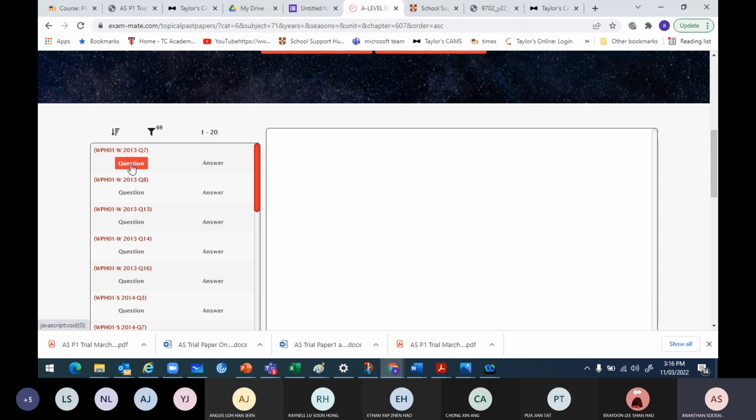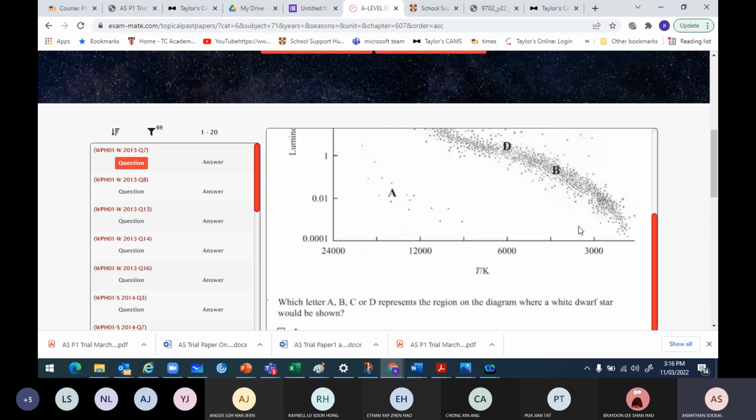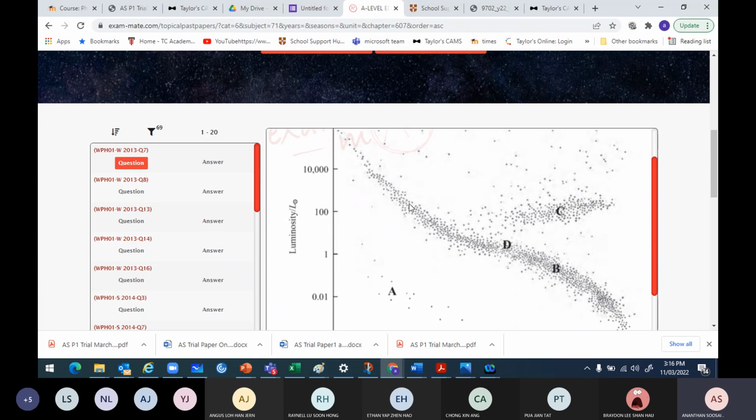So that's why you need to select the questions. Something you feel you never learned before, like dark matter, dark energy. If you have a graph like this, it is not in your syllabus. For you, it's out of syllabus. So any graph like this, you can skip.